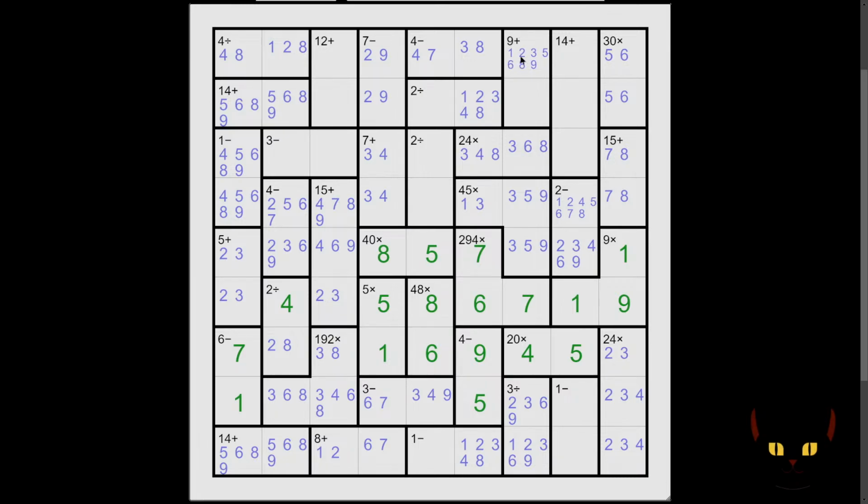Seven, it's not 4. 2, 6. Let's see. 1 pairs with 8, 2 pairs with 7. So 6.